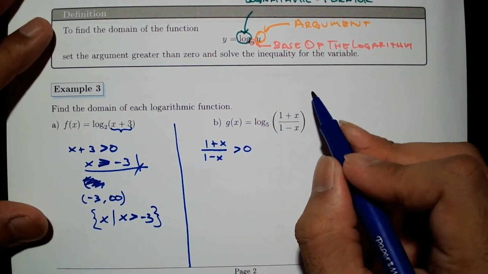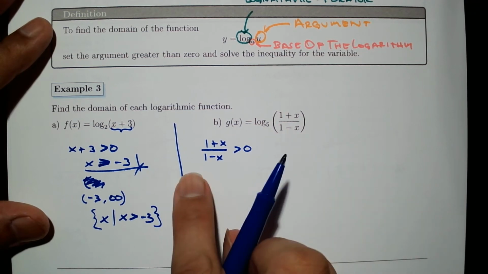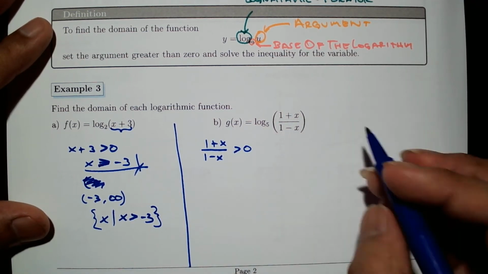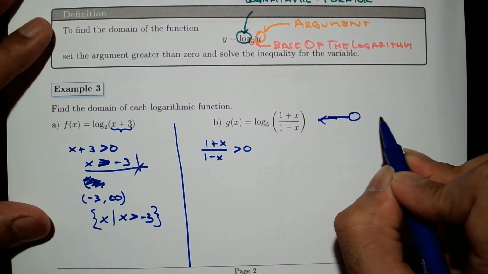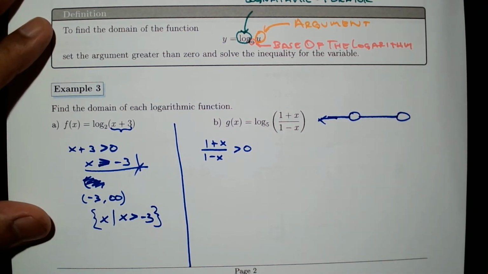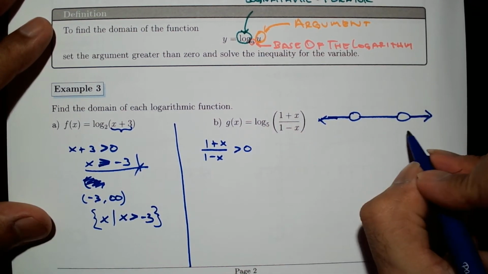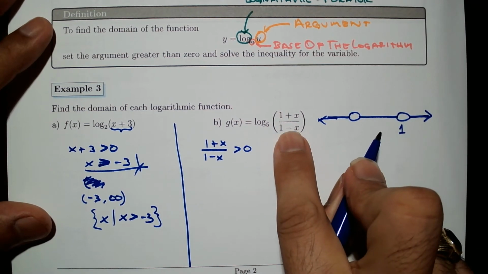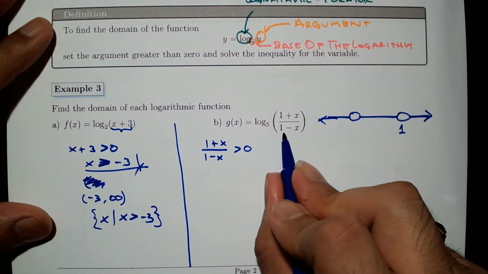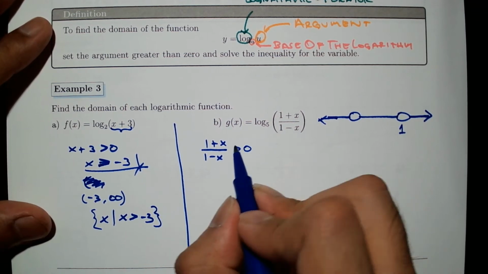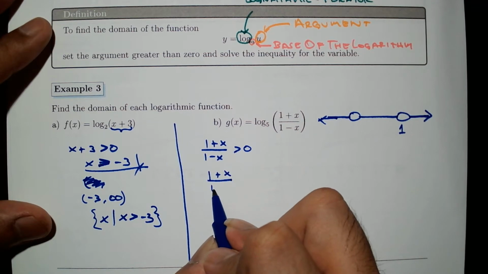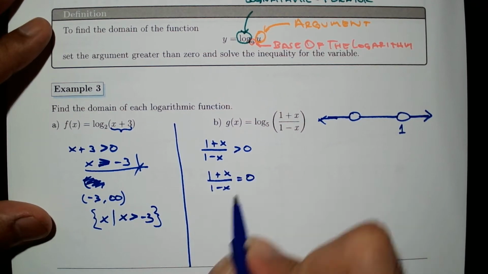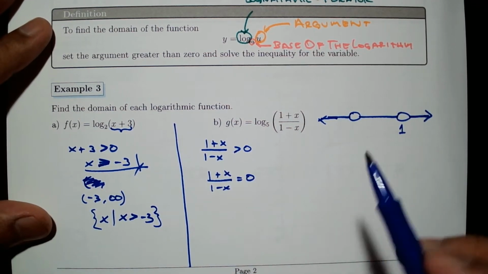So in this case, one thing to keep in mind is we have a rational expression here. So there will be two numbers that we need to exclude from the domain, which in this case will be the number 1, because if x is 1, we're going to have 1 minus 1, which is 0. Now that we have the inequality, if you recall from the previous chapter, in order to solve inequalities, turn that into an equation and solve the equation to find critical numbers.